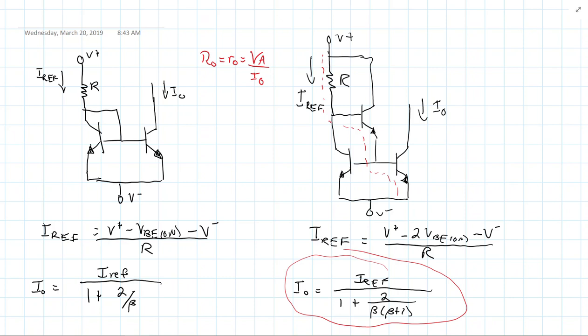Now, there are other types of current mirrors out there as well. They are in your textbook, and you can also find these, lots of websites have it. There's a 4-transistor current mirror. There's something that's called a Wilson current source, and then there's something that's called a Widlar current source.